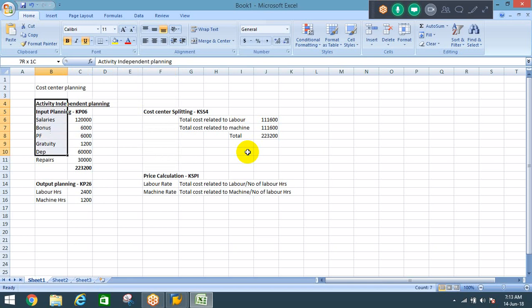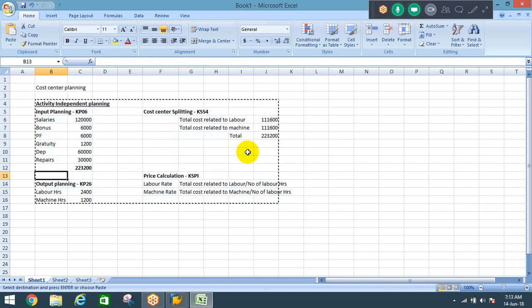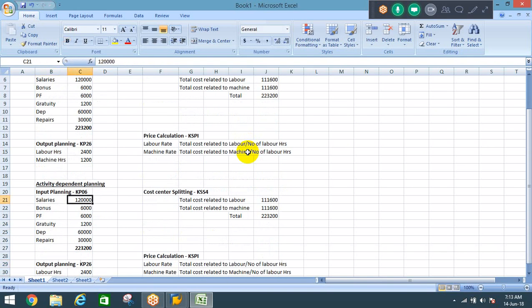In case of activity dependent planning, when we do the input planning, we also need to assign the activity type. So what we did, we assigned labor, cost element and amount.